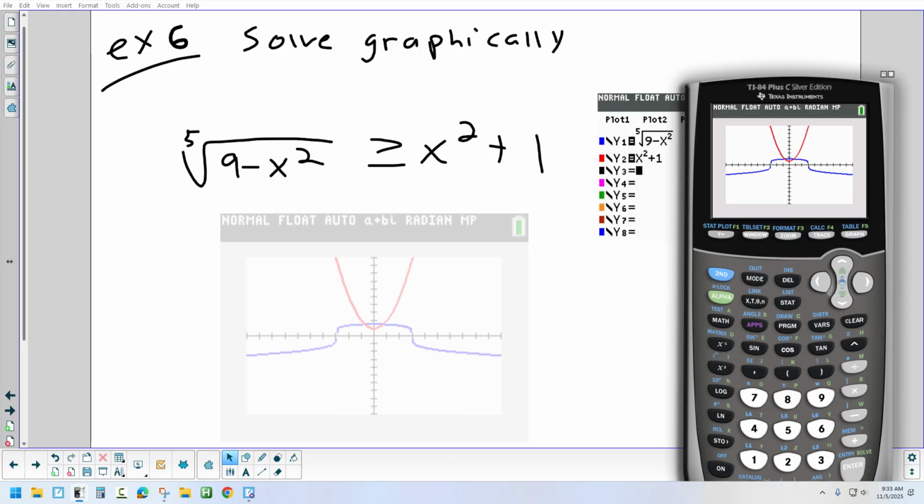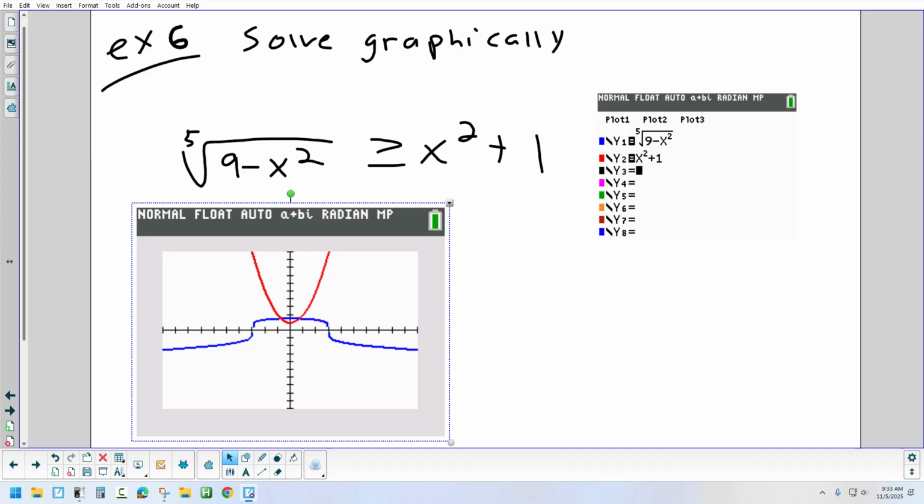All right, let's look at that. First of all, does it ever look like the blue one is above the red one? Yeah, it is. Is it a big area or a small area? Very small. There's only a really, really tiny section where the blue one ever goes above the red one.